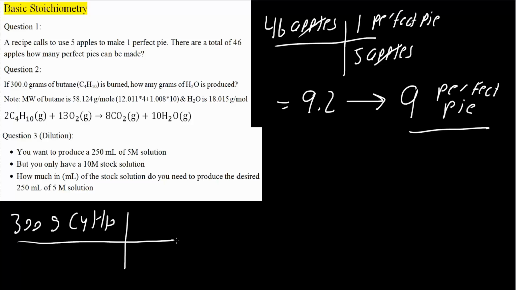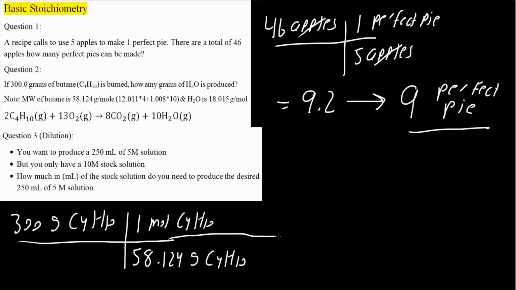So we know that 58.124 grams of butane, C4H10, is equal to 1 mole of C4H10. From there, we know that 2 moles of butane, C4H10, is equal to 10 moles of H2O.